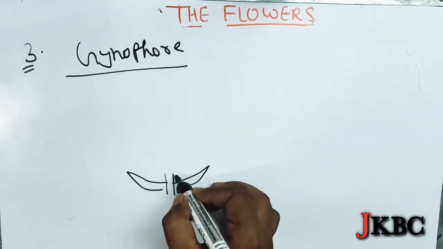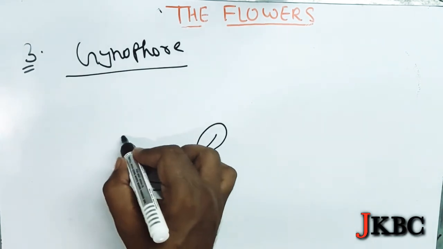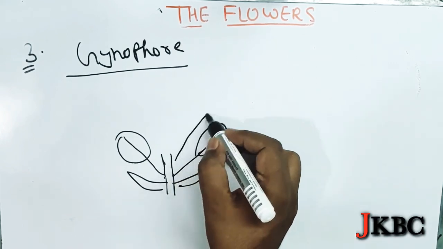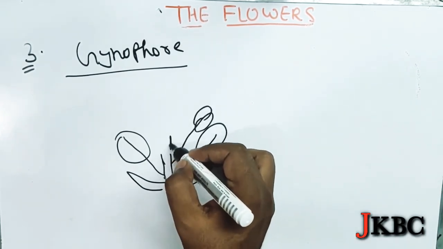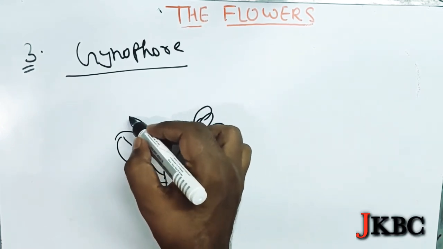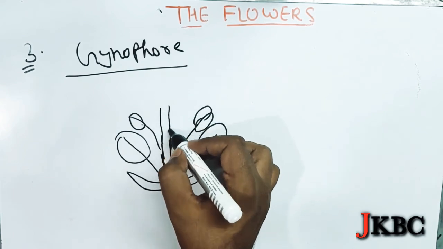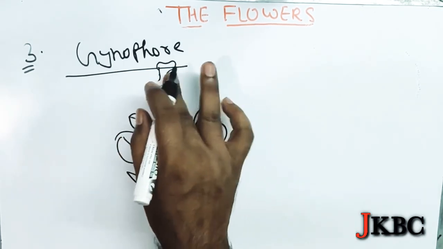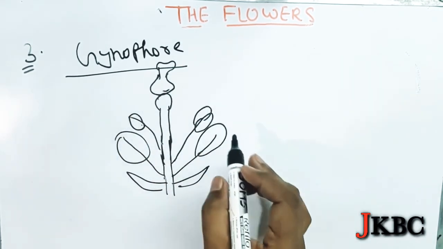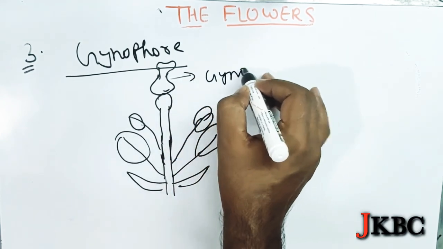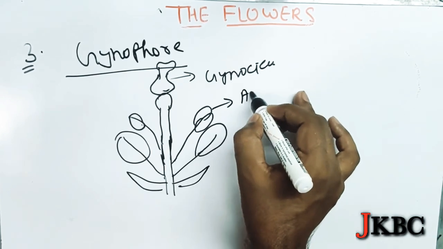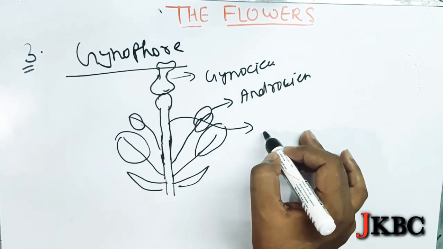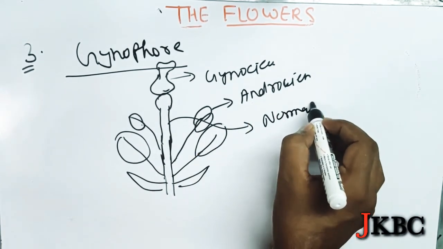If the calyx and corolla internode is normal, and the internode in between the gynoecium and the androecium grows normally, this is called gynophore.